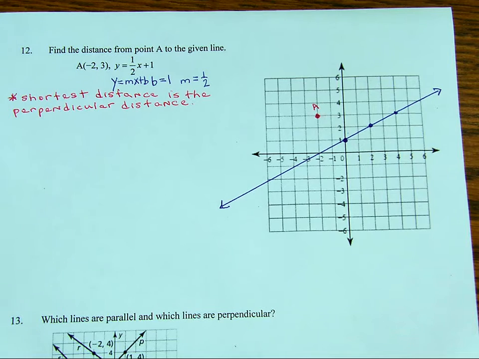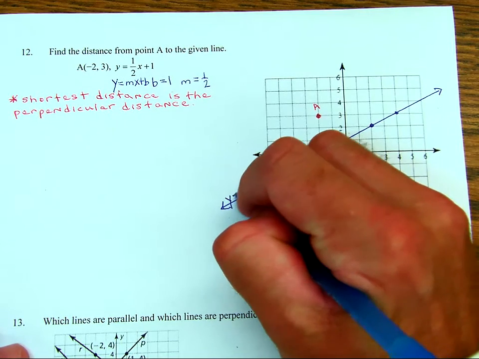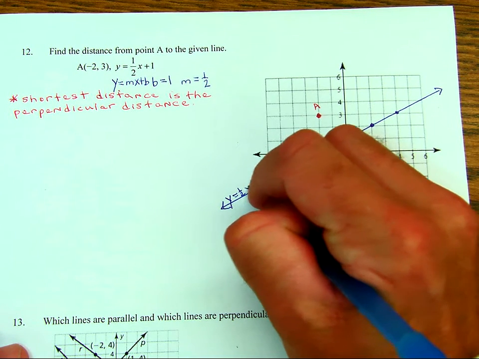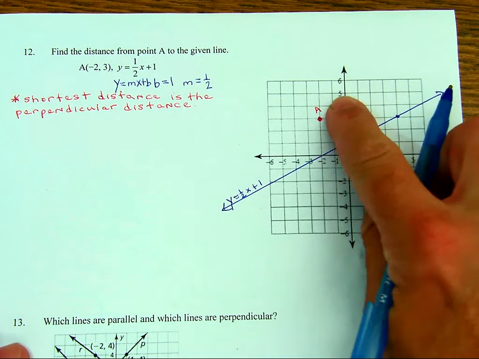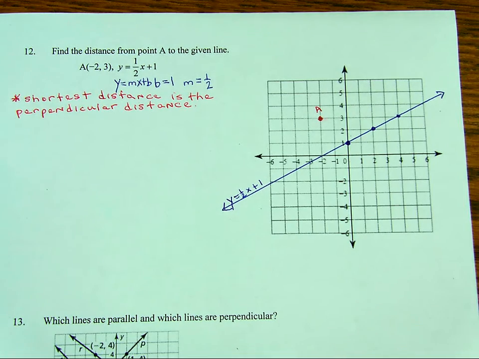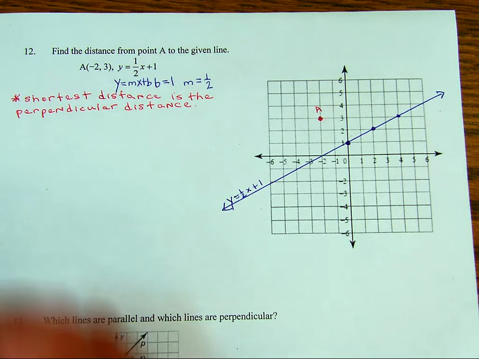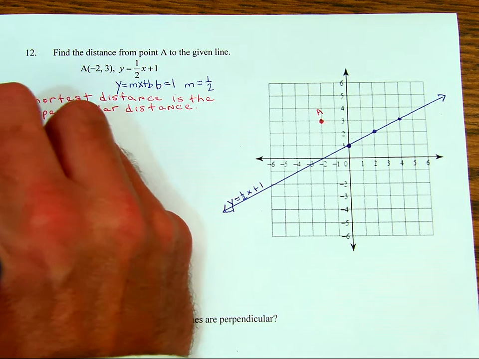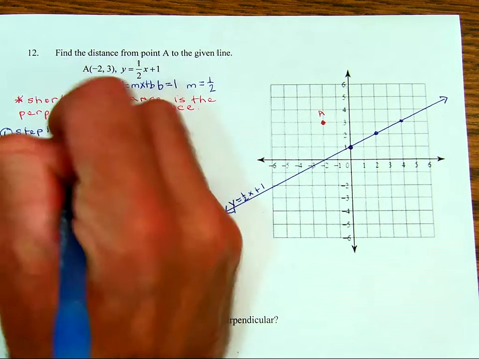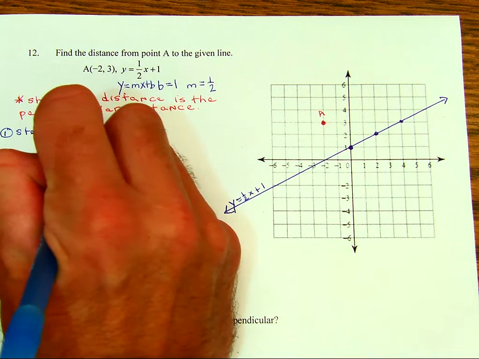So I want to start by finding a line that's perpendicular to the blue line that passes through this point. So I'm going to call this step 1. And what I'm finding is the perpendicular line.